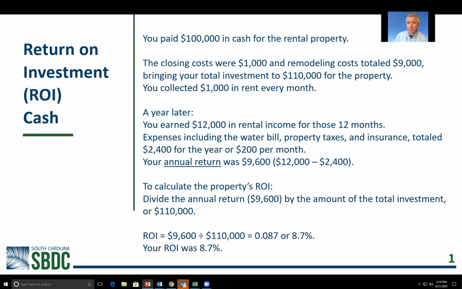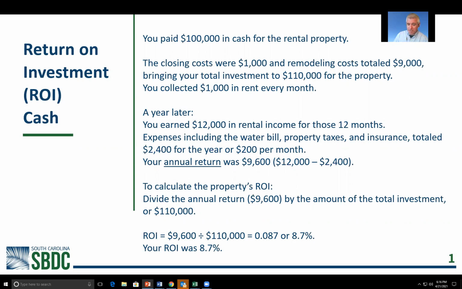Total all those up. In this case, it comes to $2,400 a year, or $200 a month. So your annual return was $9,600. You take your expenses, $2,400, and subtract that from the gross revenue, which is $12,000. You get $9,600 left over.